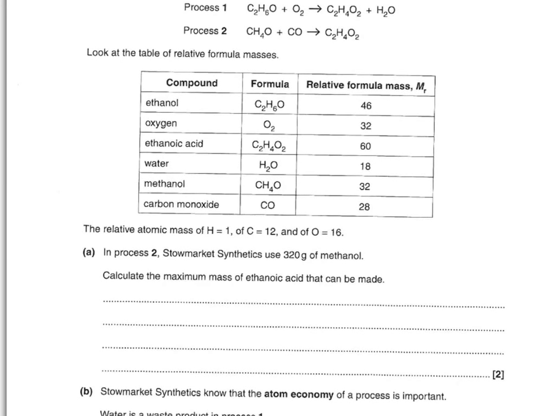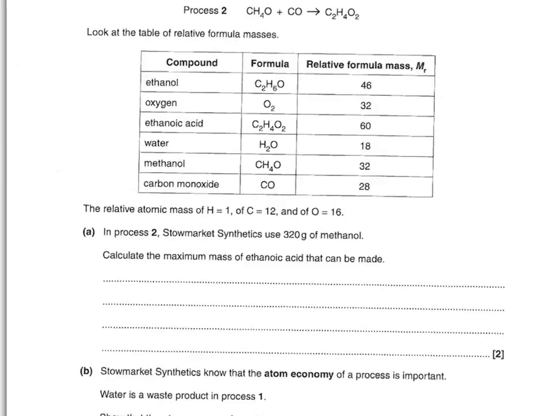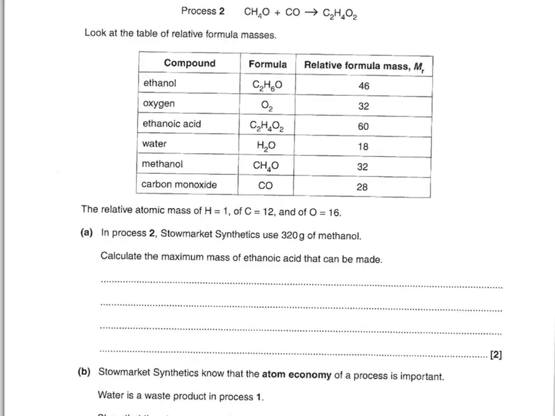So in process 2, so I'll just move that so you can see process 2 there. So in process 2, you've got to use the ratios, the relative formula masses. Okay, so you know that methanol weighs 32, and that will react with carbon monoxide, which weighs 28, to make the ethanoic acid, which weighs 60.